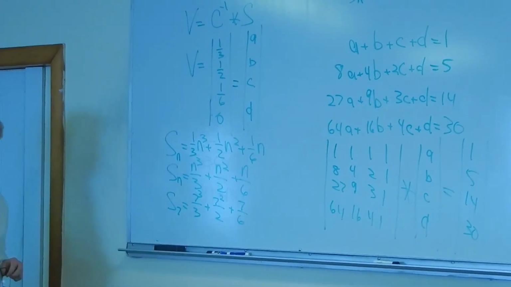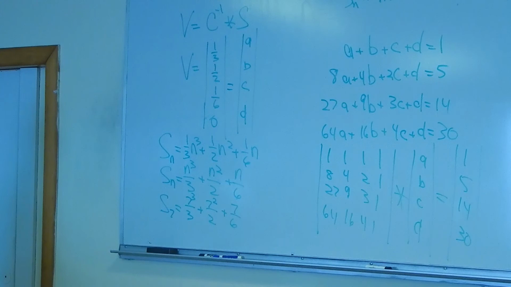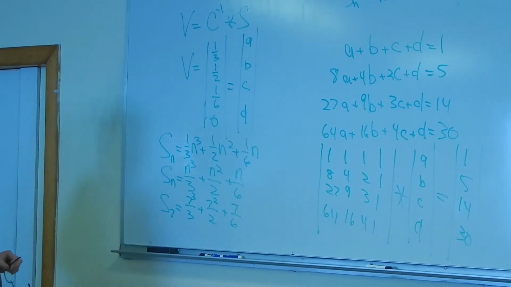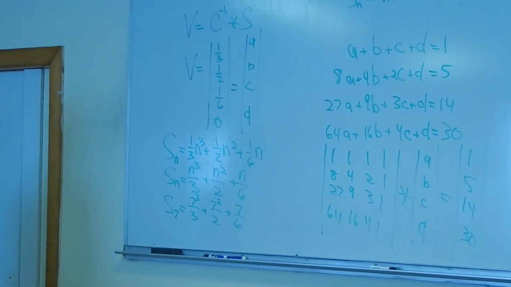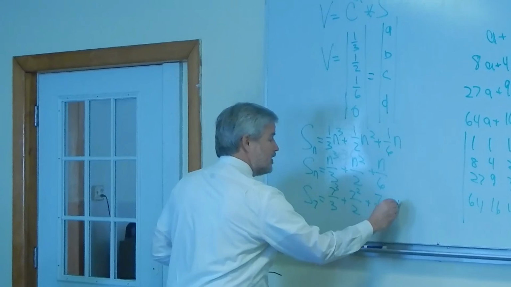Get the calculators going. 7 cubed is 343. We need to do the whole thing. What do we get? 140. This is equal to 140, isn't it?